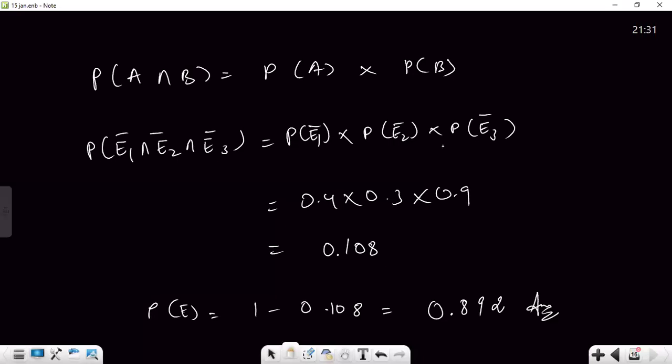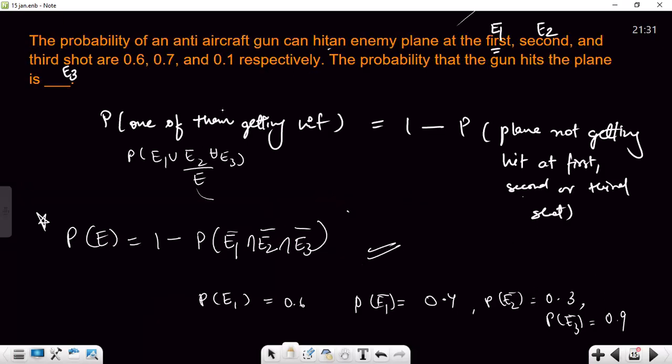Here is why we do it this way: considering the case of the gun hitting the plane or not, there would be multiple scenarios. E1 hit, E1 and E2 both happen, or E1 didn't happen, E2 happened, E3. There are multiple scenarios to consider. Instead of that, we just ignore all of them by writing this. Right?